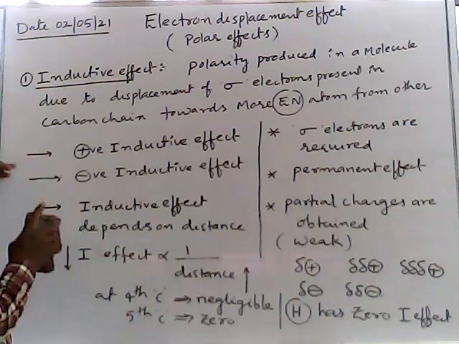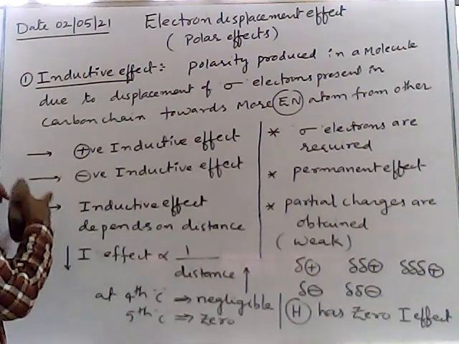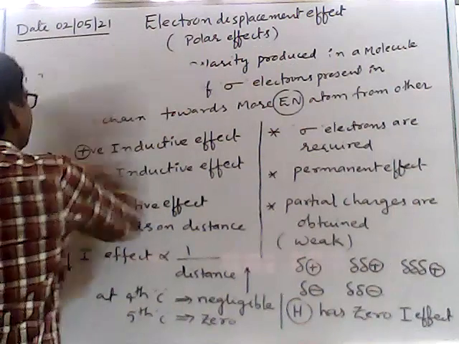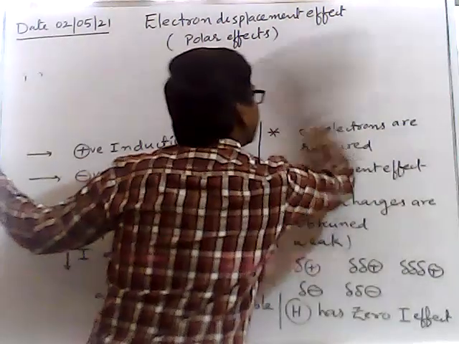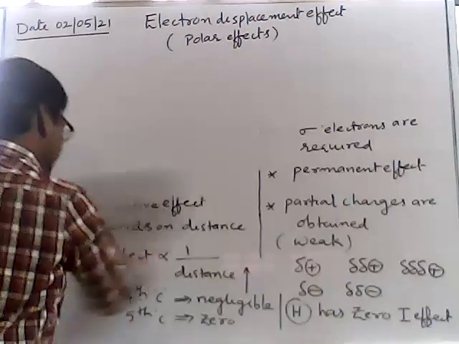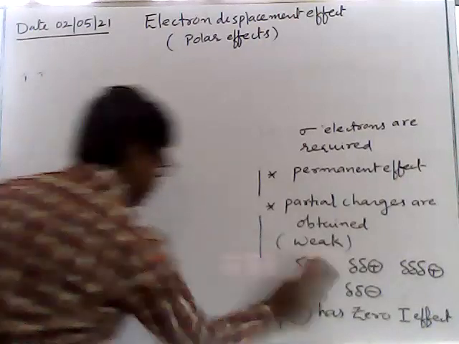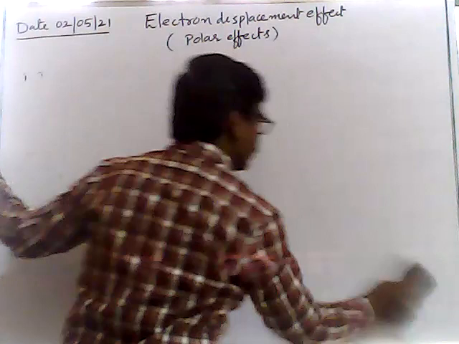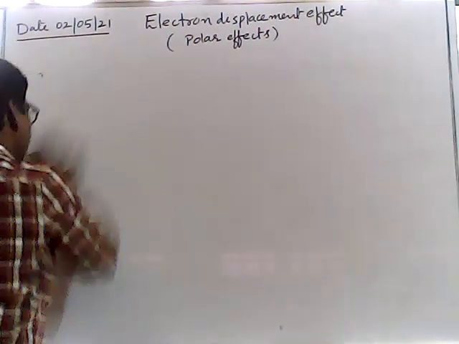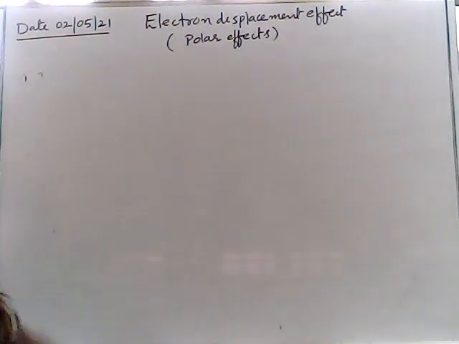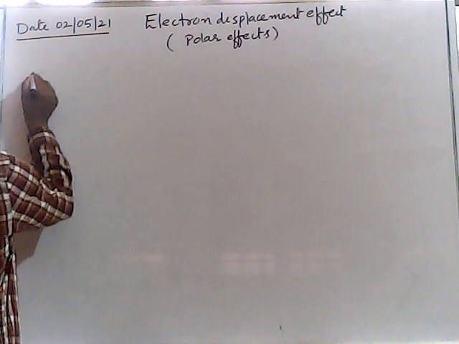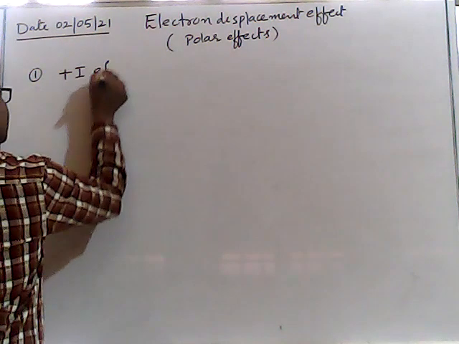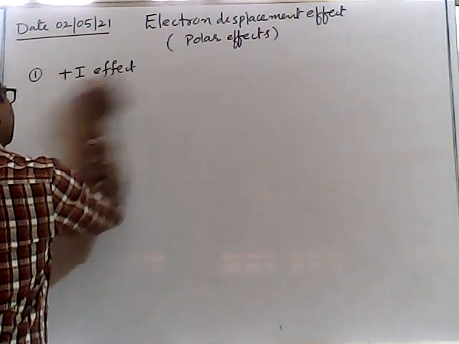This is about inductive effect features and how many types of inductive effects are written here. Now we'll discuss positive inductive effect and also negative inductive effect. So here the first one is plus I effect.